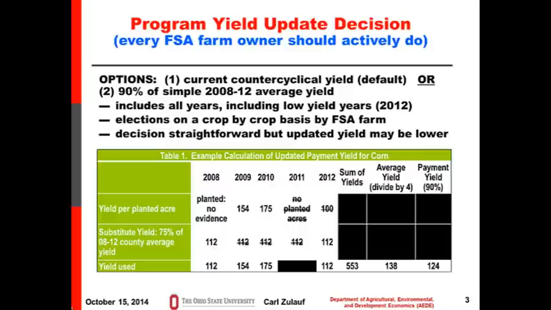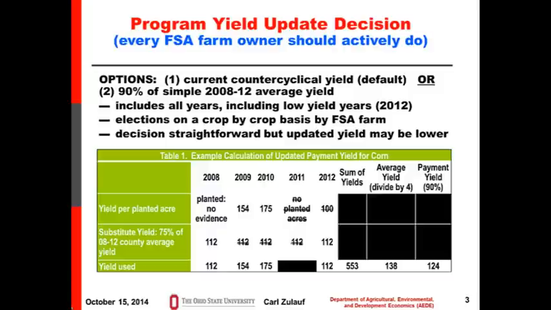So it is possible, if you have no way of verifying or choose not to verify the yields, you will always have the 75% of the county average yield, and so that becomes sort of a minimum yield, and that yield may become the yield that actually is higher than your current yield. So one of the things to possibly consider is that even though I may not be able to verify my yields, that doesn't mean that your yield might not necessarily go up because of the update decision and because of the existence of the substitute yield.